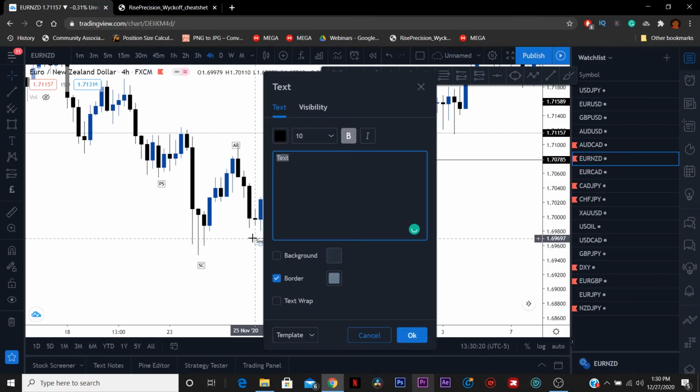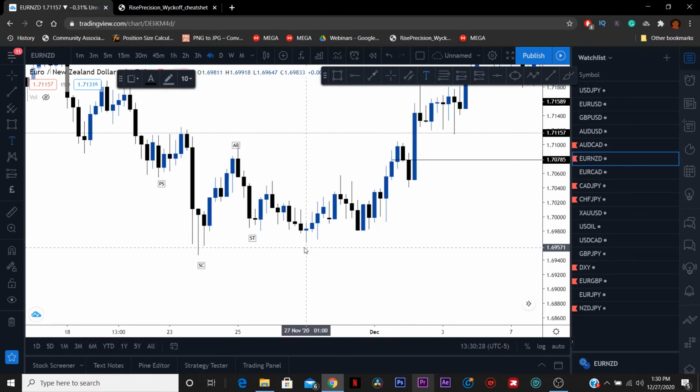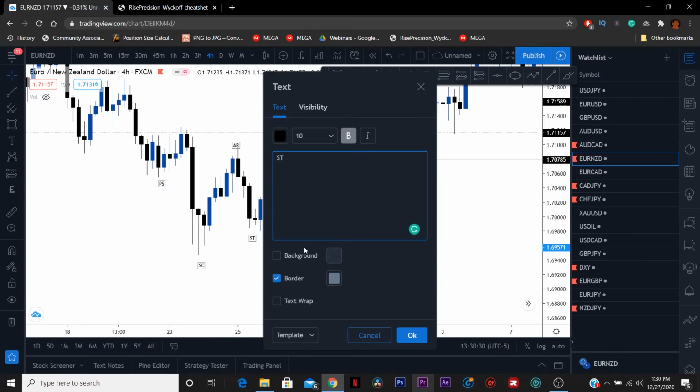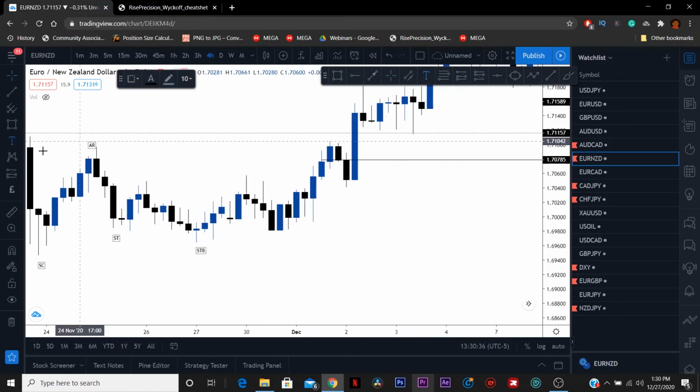Okay, after that we have our secondary test. We have our secondary test in phase B, but we did not get the spring here. We created a creek. If you go on lower time frames, we created like a small little creek here.